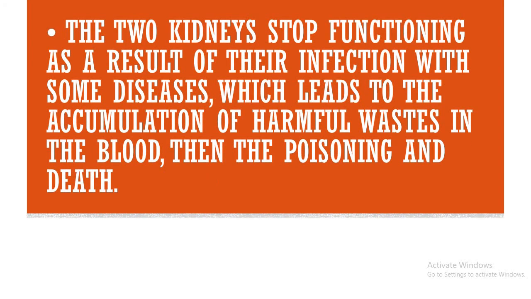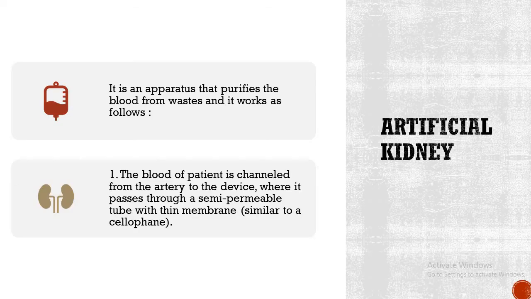Kidney failure is one of the diseases where the kidney may stop its function, as a result of infection of the two kidneys, and that causes accumulation of harmful wastes in the blood, then poisoning and death. An artificial kidney must be used as a treatment for anyone with kidney disease like kidney failure.